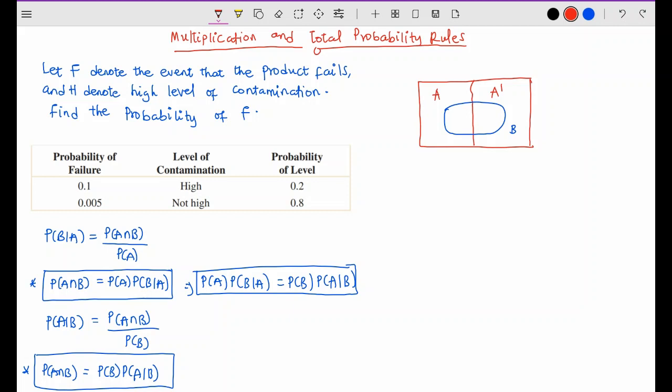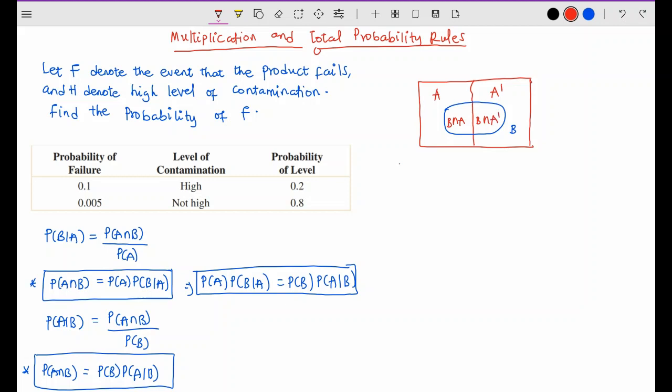Okay, so let's look at what will happen here. You see that B has also been split into two parts. So if I want to find B, you are going to have part of B in A, which is B intersection A, and here you are going to have B intersection A prime.